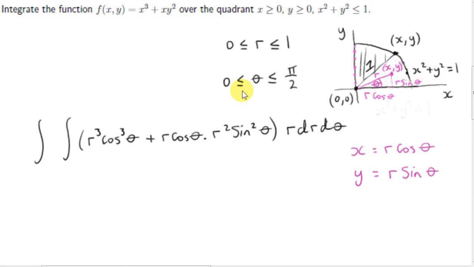We multiply x by y squared, so we've r cos theta times r sine theta squared. And we have our area element dA. So we must multiply the function by dA and integrate over this region.